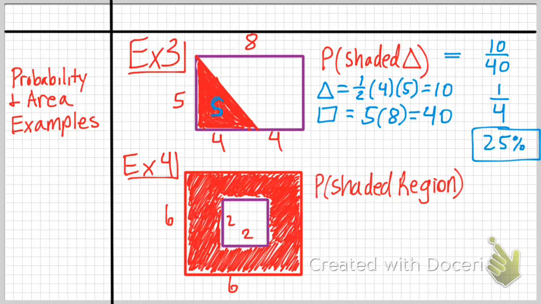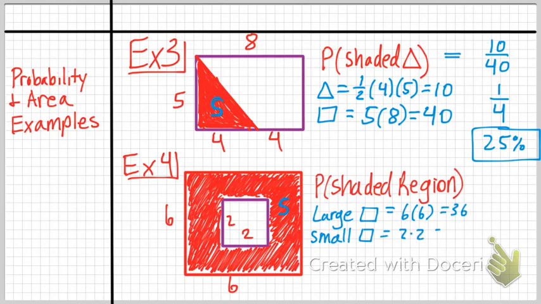So, we have our large square, and this is our shaded region that we want. So we have our large square, and that's going to be 6 times 6. Then we have our small square, and that's going to be 2 times 2. So this is 36, and this is 4.